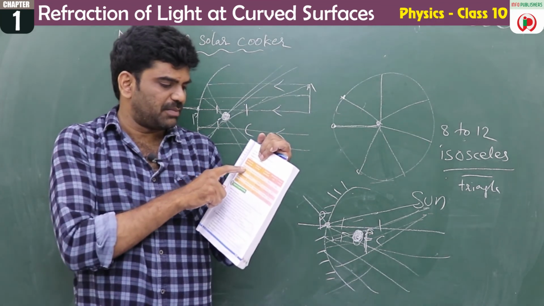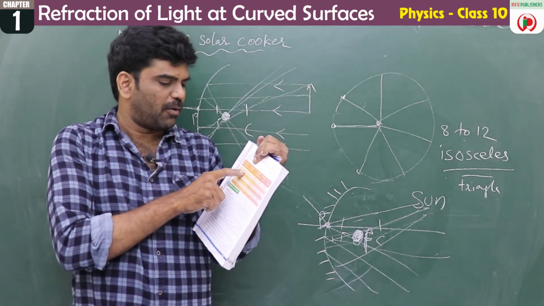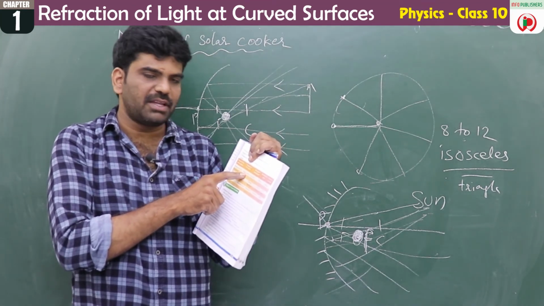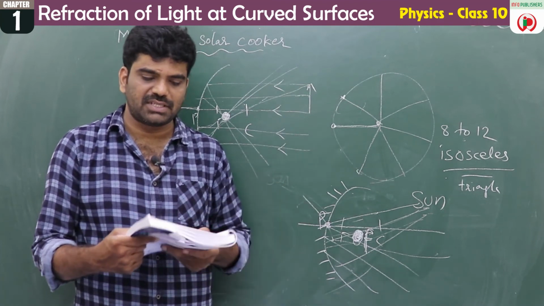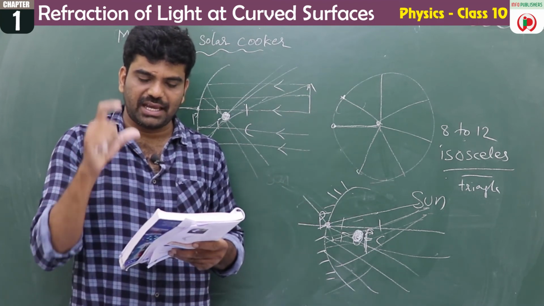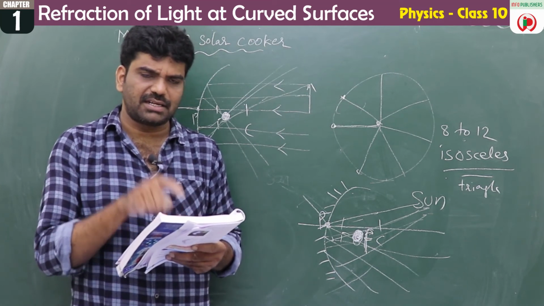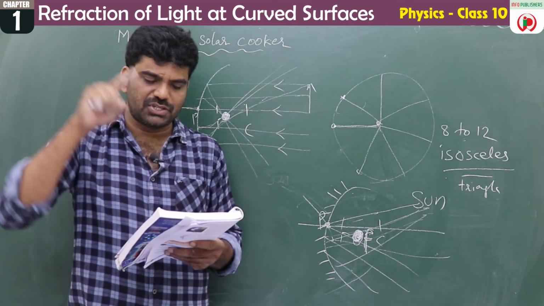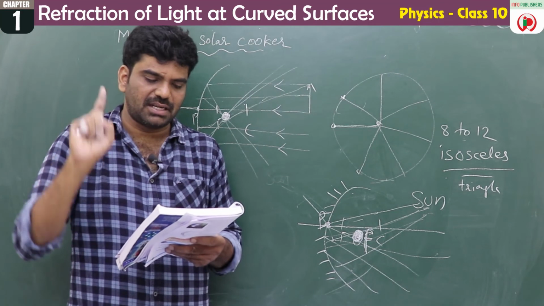If you keep an object between the mirror and f, that is, between pole and f, the position of the image is behind the mirror. That is case 6 we have seen, and the image is enlarged, erect, and virtual. If you keep the object at f, the position of the image is at infinity. If you keep it at infinity, the position of the image is at f.